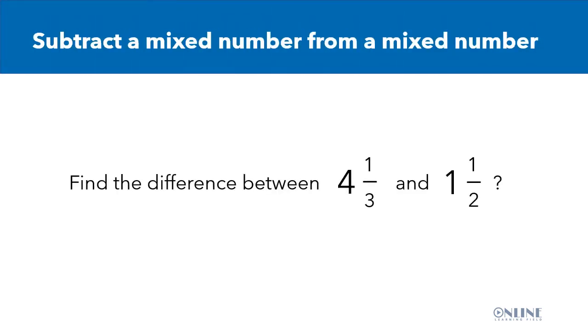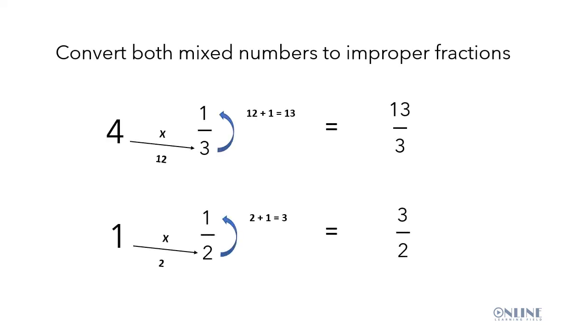Now, we're going to learn how to subtract a mixed number from another mixed number. In this example, we are required to calculate the difference between 4 1/3 and 1.5. The first thing to do is to convert both mixed numbers to improper fractions. Using the same conversion method we used in other examples, 4 1/3 becomes 13/3, while 1.5 becomes 3/2.